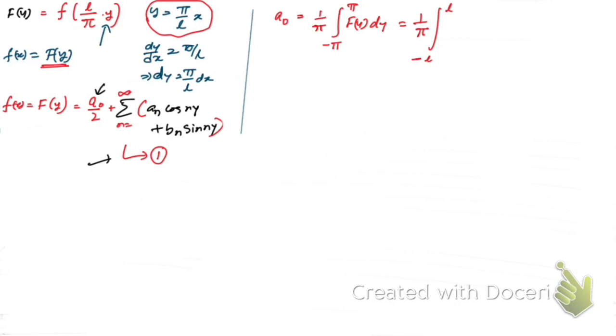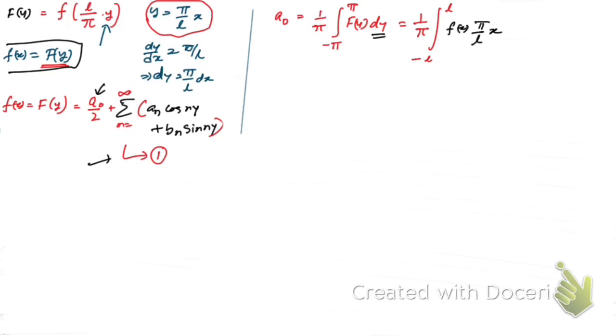Then you will get f of x, and dy is pi by l dx. Here we have f of x equal to F of y, so we have replaced the capital F of y by small f of x.